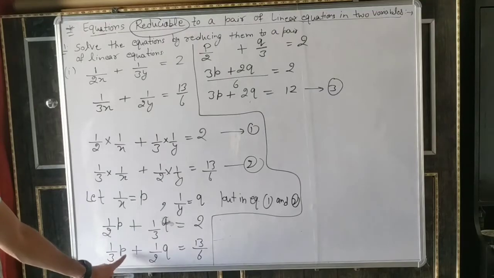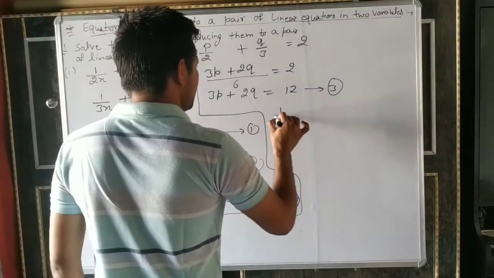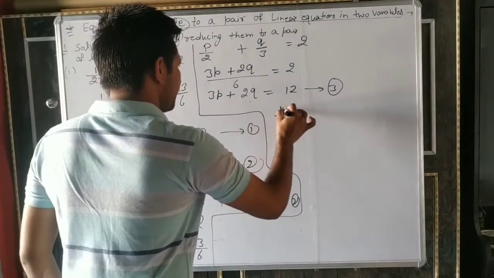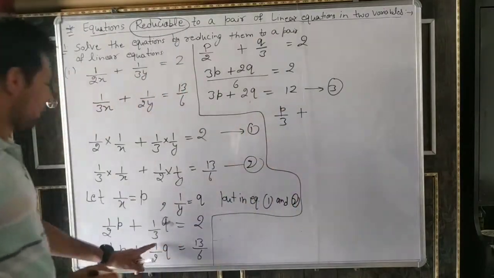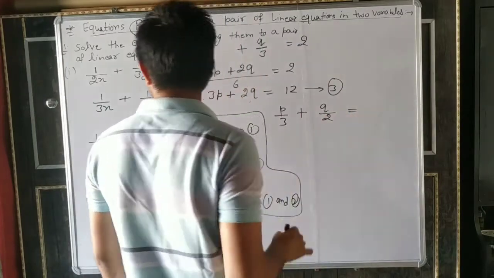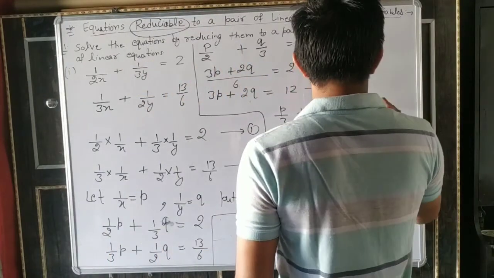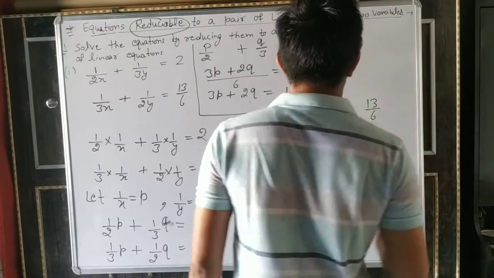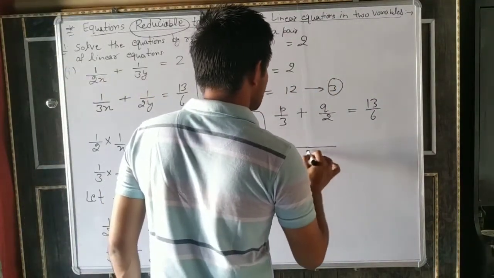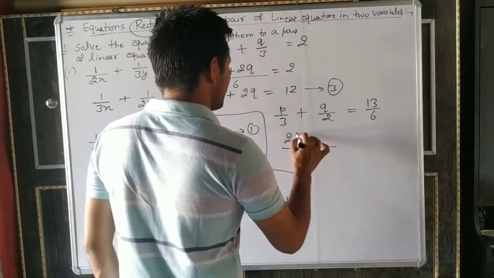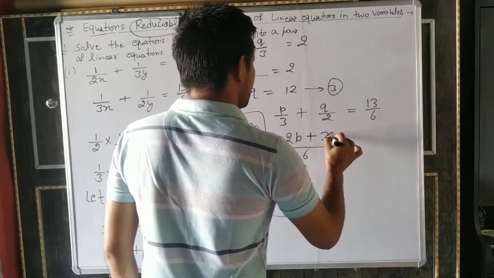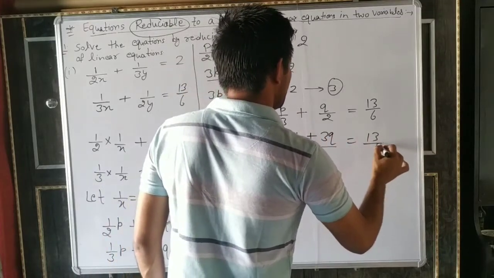Next equation. 1 upon 3 into p, p by 3, plus 1 into q, q by 2, equal to 13 upon 6. So what will we do? Again 6 is the LCM. So it is 2p plus 3q equal to 13 upon 6.